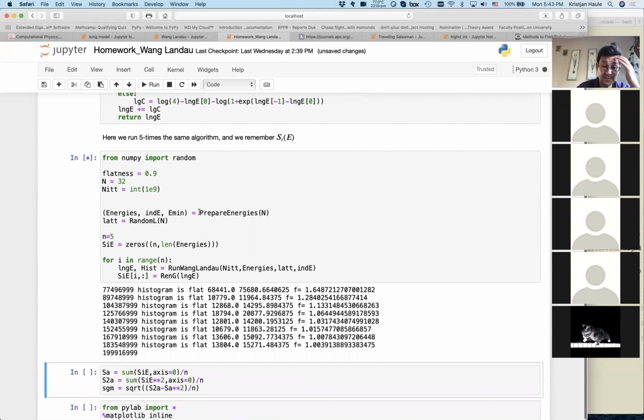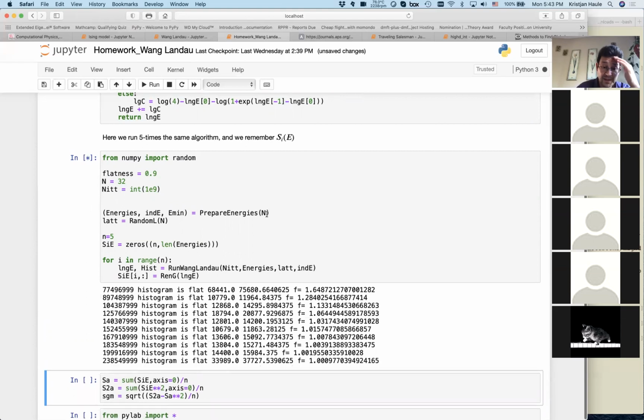Then what do we need to do? We prepare energies just like before. Which energies are possible for this 32 by 32 system? What is the index for these energies? What is the minimum energy?